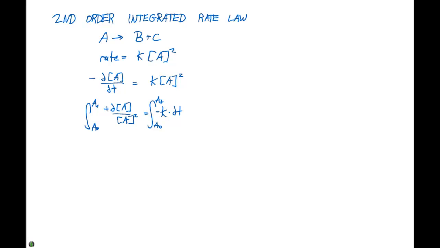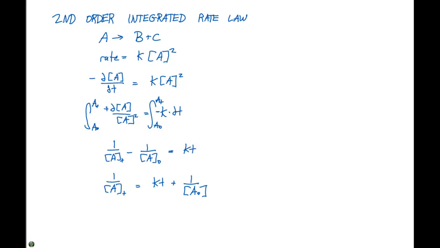Since this term down here in the denominator is squared, our integral is going to change to 1 over A at any time t minus 1 over our initial concentration, and this is going to equal kt. So if we rearrange this into y equals mx plus b form, we have 1 over A at any time t is going to equal kt plus 1 over A naught.